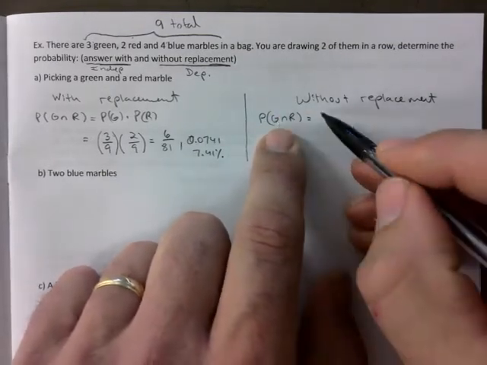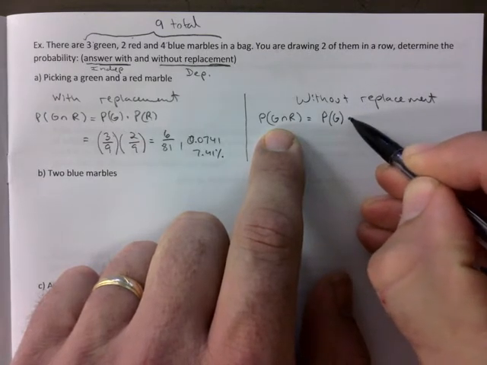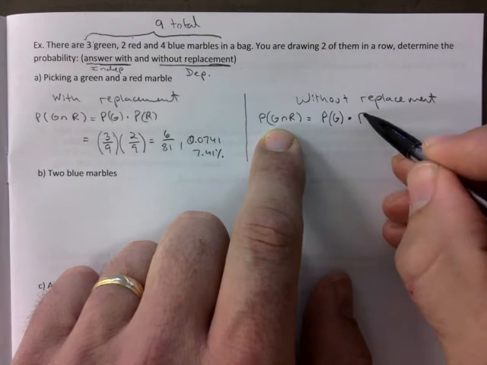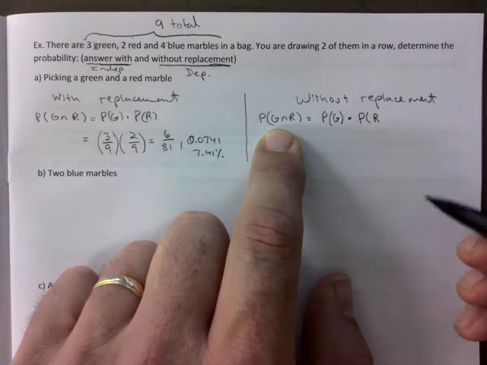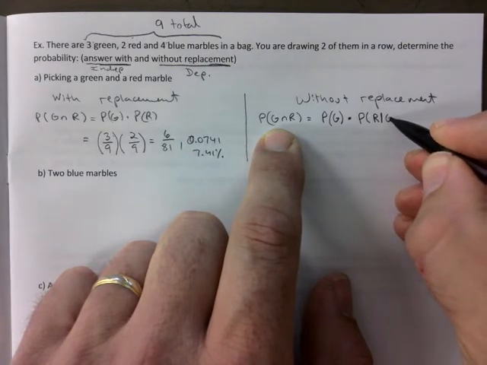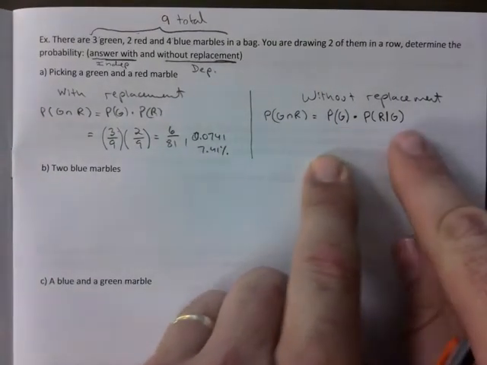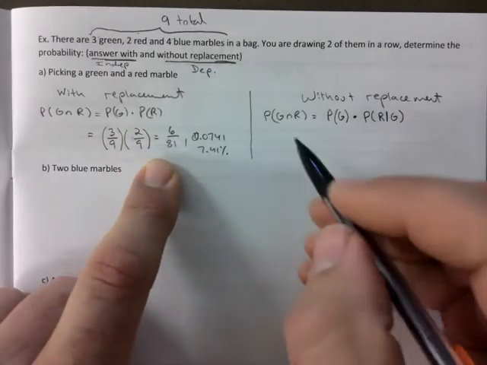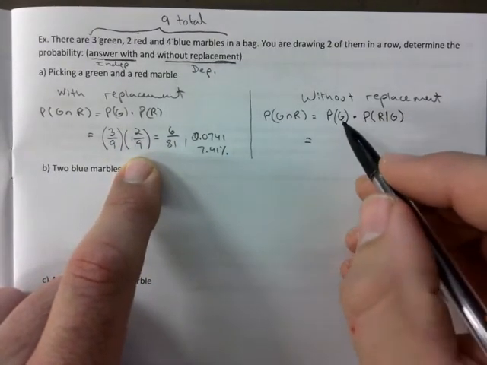If you want to go probability of green first, then I'm going to find the probability of red given that you picked a green in the first place because you didn't replace it. That's the formula, that's how they're different in the formula, and here you will see how the answers are different when you calculate.